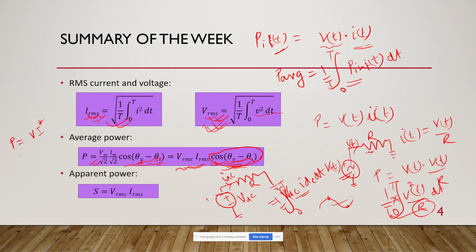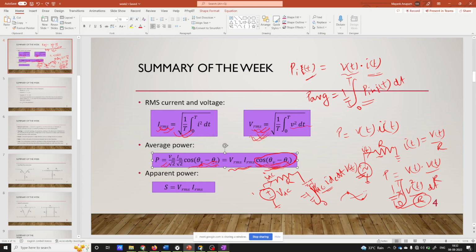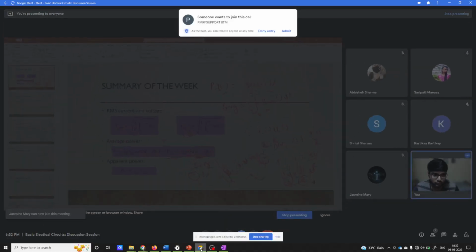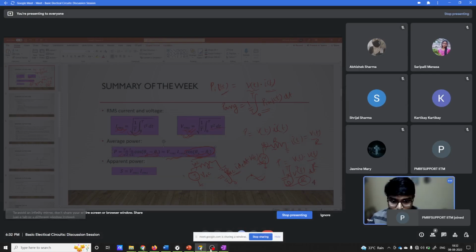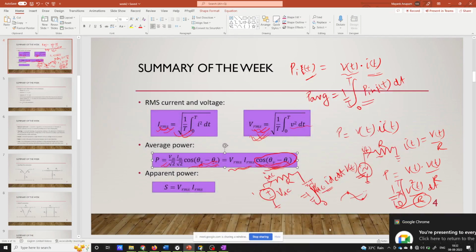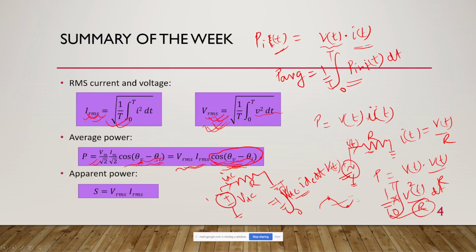So when we talk about complex power, it is P equal to Vrms times Irms conjugate, isn't it?